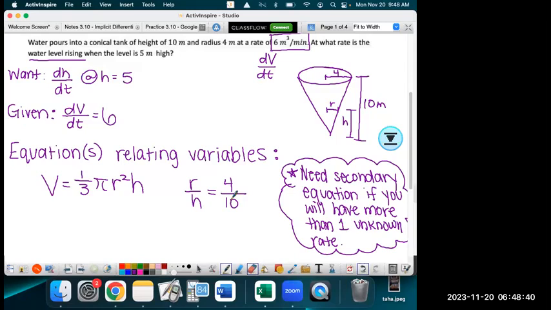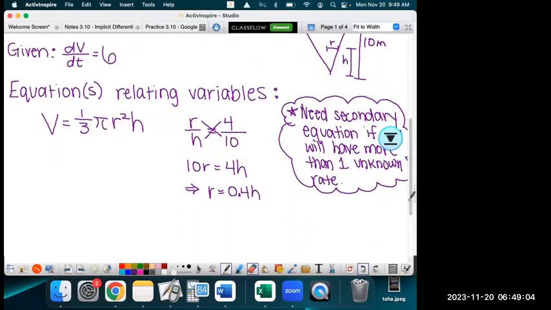Let me know what you get when you solve for r. All right, I'm getting 0.4 h, or you can say 4/10, or you can say 2/5 h.